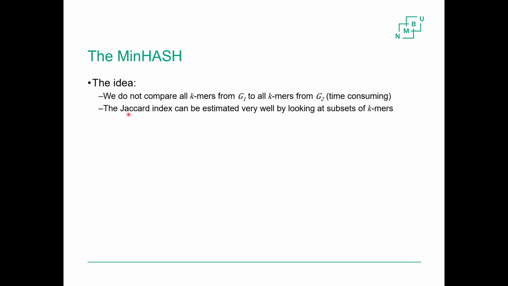The point is that the Jaccard index can be estimated very well by looking at subsets of K-mers. We don't need to compare all K-mers in order to compute this Jaccard index. And the question is which subsets to look at. This is perhaps not obvious at once, but it's not very difficult to get this idea once you see it.